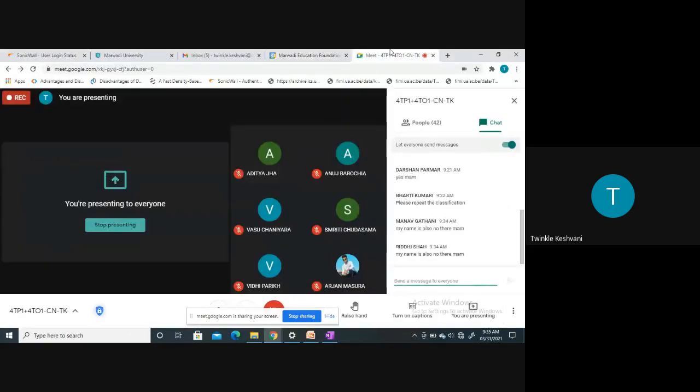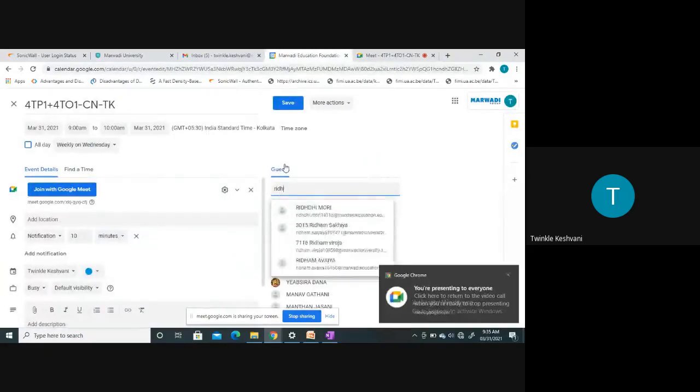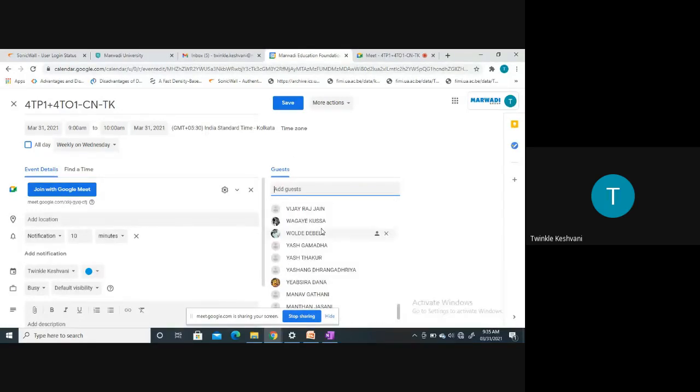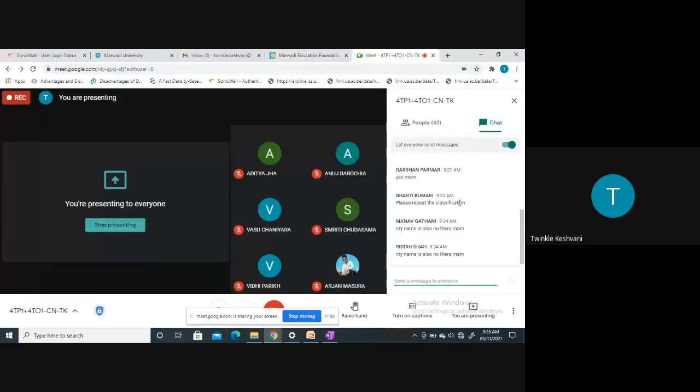Riddhi Shah. Okay, I have added you in the calendar. Now you will be able to see the links in your calendar.